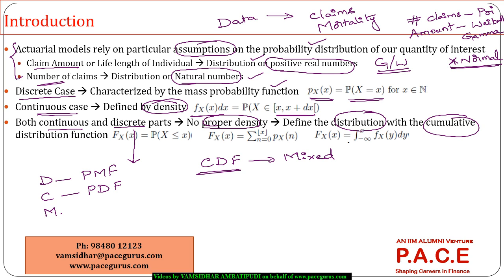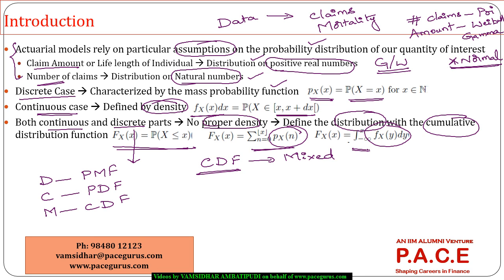And mixed types of distributions, we will define them generally using the cumulative distribution function F of x, which is the probability of X less than or equal to x, which is as good as summing or integrating the mass function across all the values up to x, right? So these are the three important types of distributions that we are going to look at: the discrete case, the continuous case, and the mixed case.